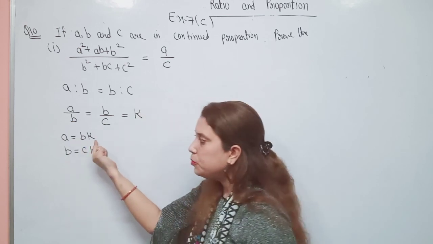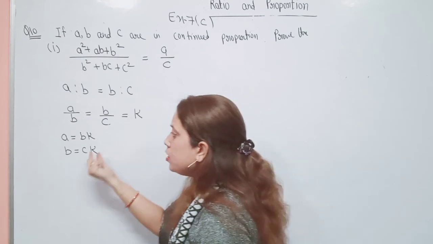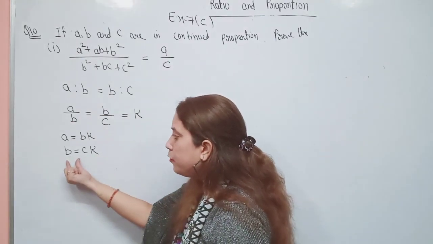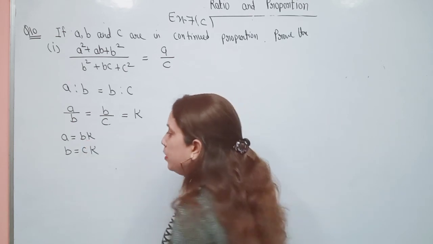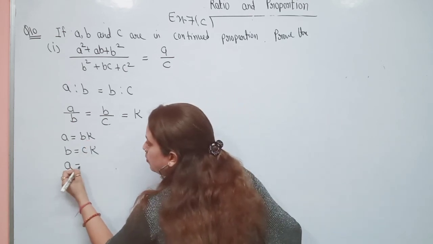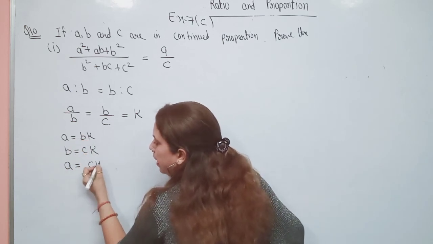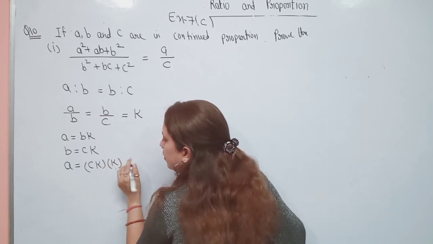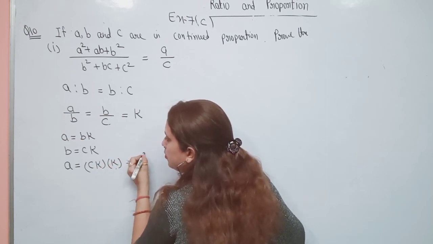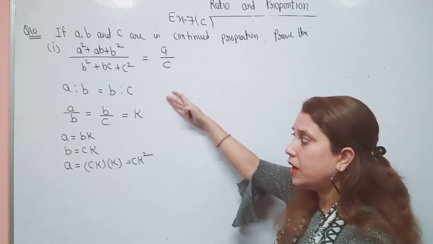When we put the value of B, CK, in place of B, the value of A is equal to CK into K, so it will be CK square. Okay beta?